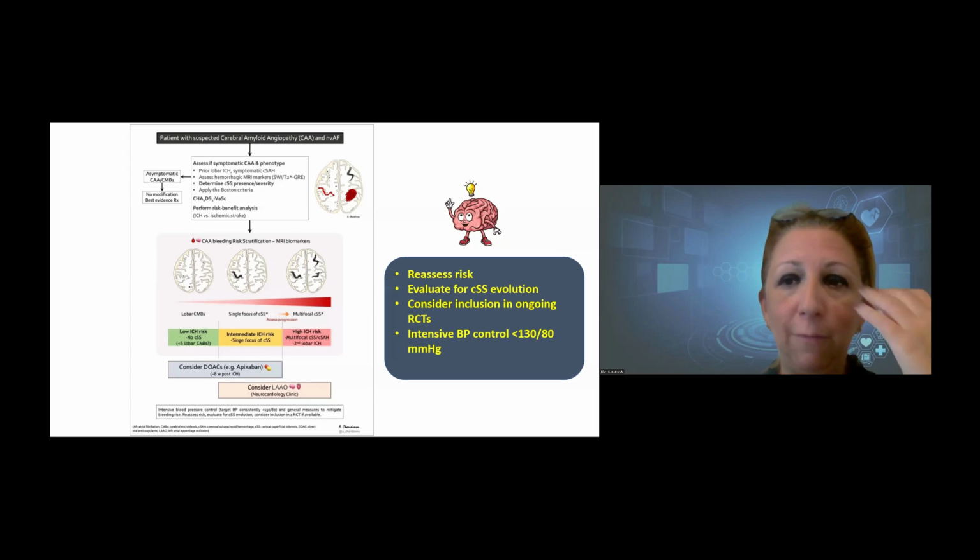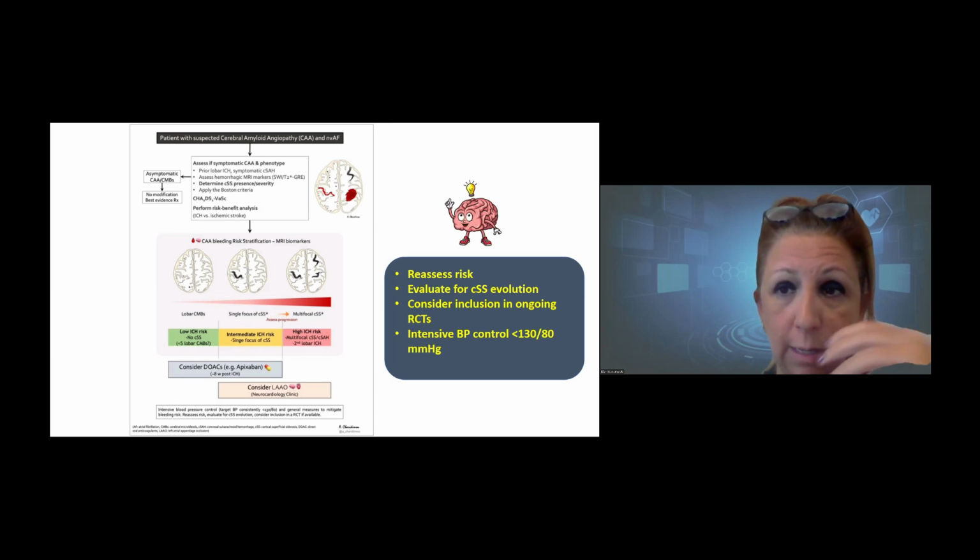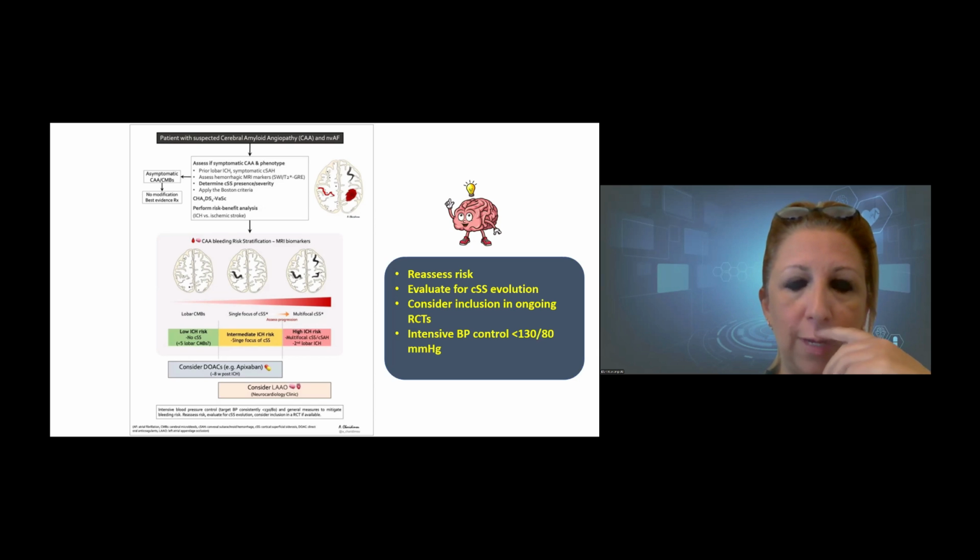For sure, we have to reassess the risk over time, to reevaluate our patients, because cerebral amyloid angiopathy may change over time, and more lesions can develop over the years. And of course, we need general measures to mitigate the risk. For example, good blood pressure control, avoiding medication that may increase the bleeding risk, and also encouraging patients to stop alcohol. And of course, we need to reevaluate our patients regularly.